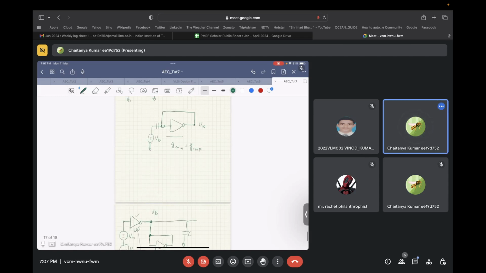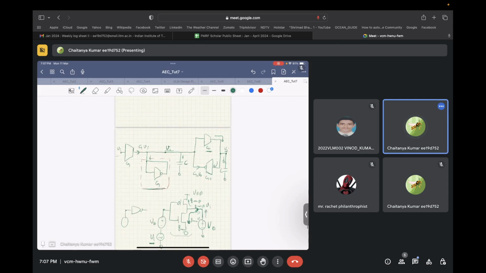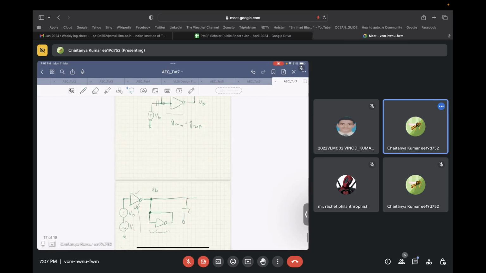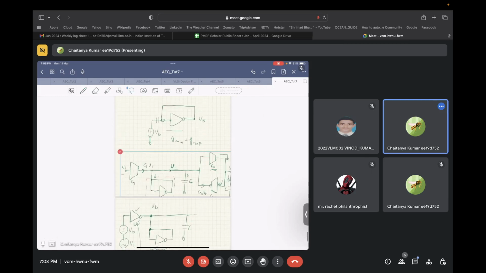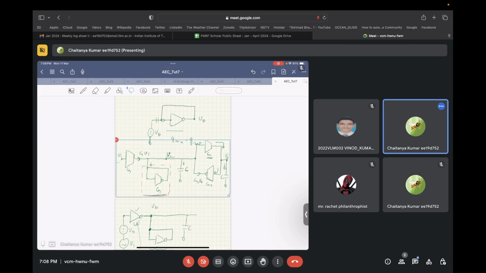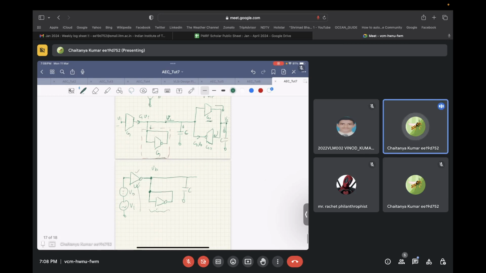Now again, I will take this circuit down. Okay. So this G2 over here can be made as this thing.